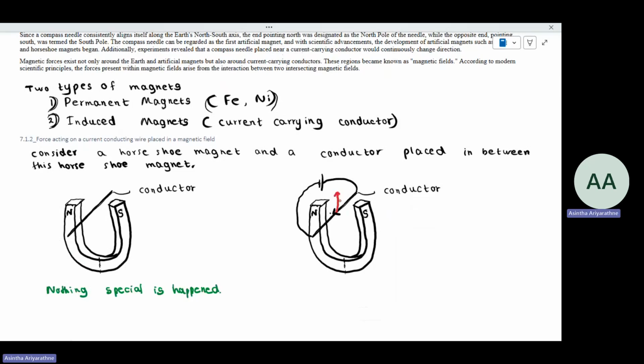Later we'll discuss why it moves upward and not downward or in any other direction. For now, let's say it moves upward due to some force applied in the upward direction.